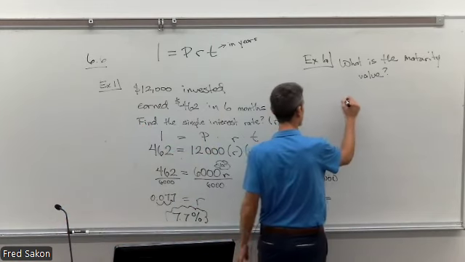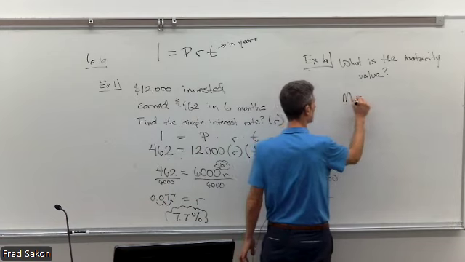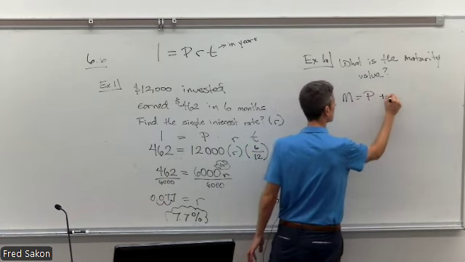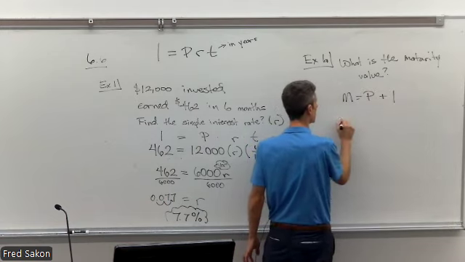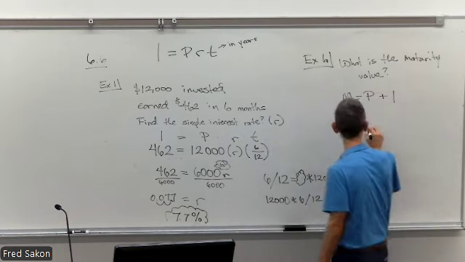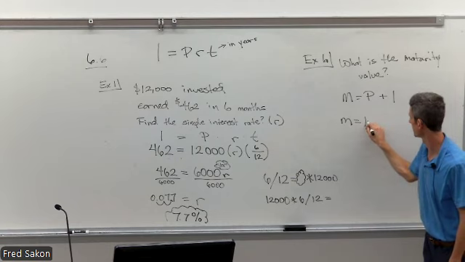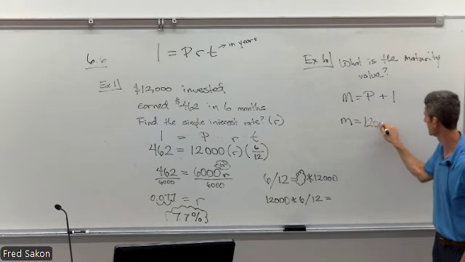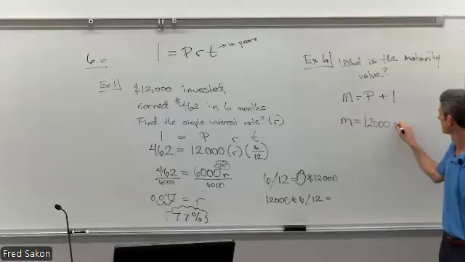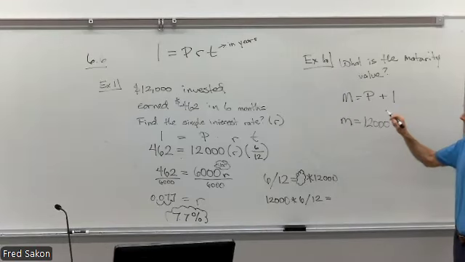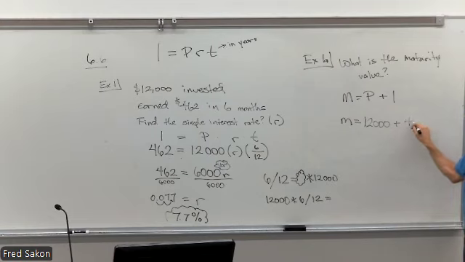So maturity value is our principal amount plus the interest earned. Our principal amount was 12,000, remember? 12,000, and what was our interest amount? I of 462.